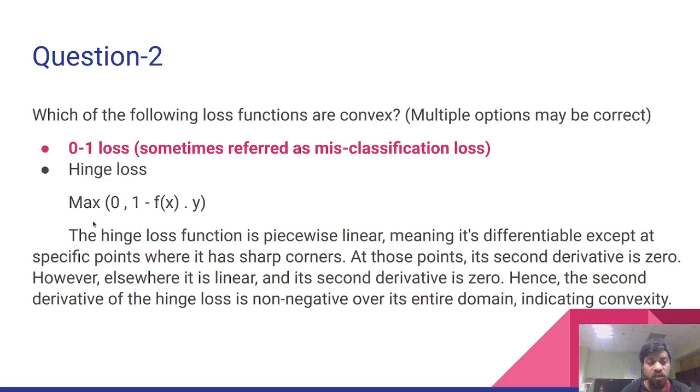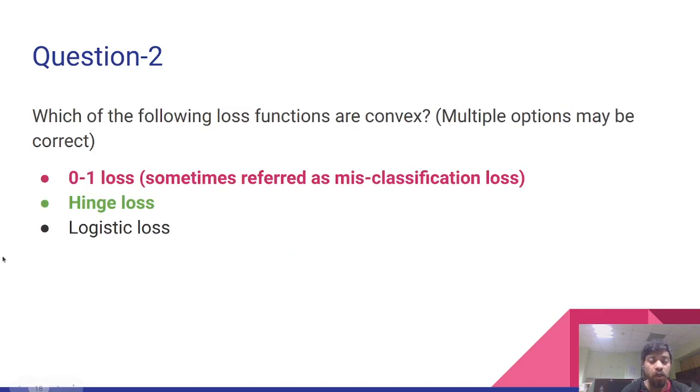If we take the second derivative of hinge loss, it is kind of 0, so that is why it is also convex. I think it may not be clear, I'll just show you a diagram. Logistic loss is also convex. Square loss is also convex.